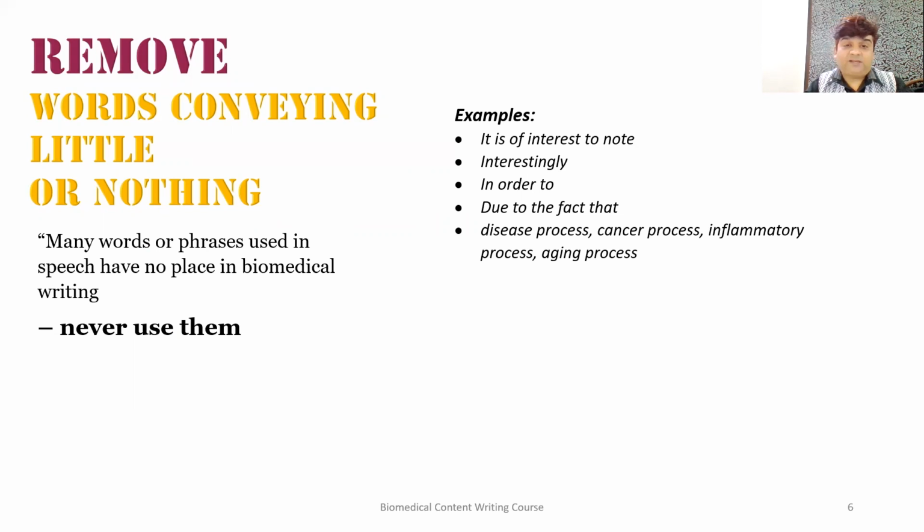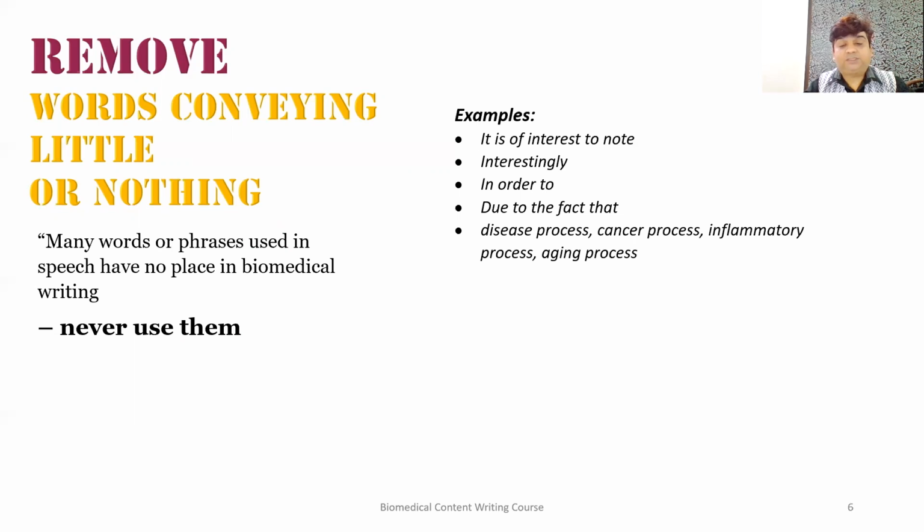Then comes due to the fact that; you can easily replace it with due to. There is no point of writing the entire due to the fact that. Then comes the disease process, or the cancer process was going on. Cancer was going on. The disease happened. There is no disease process. There is no cancer process. There is no inflammatory process. There is inflammation.